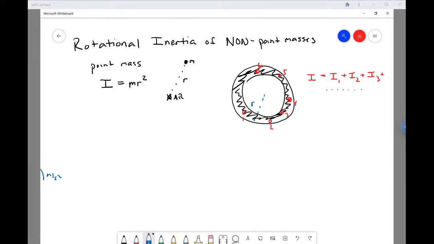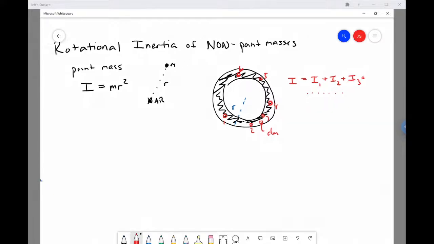So a better way to think about this is to say that each of these tiny pieces of mass, here I'll draw a new one, is an infinitesimally small piece of mass, dm. In which case, you see where I'm going? Some of you do. The rotational inertia for this thing would have to be an integral over the tiny bits of rotational inertia for each of these little dm's.